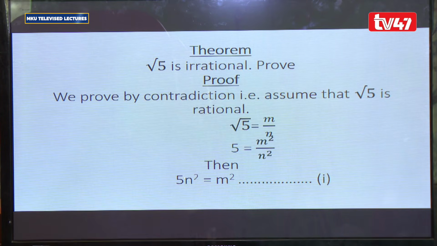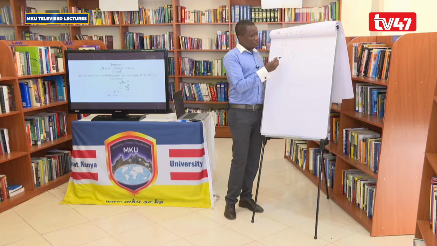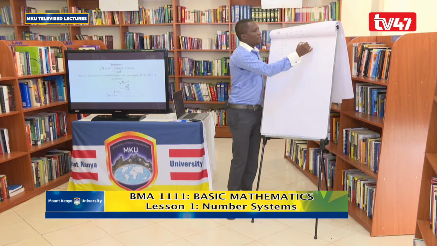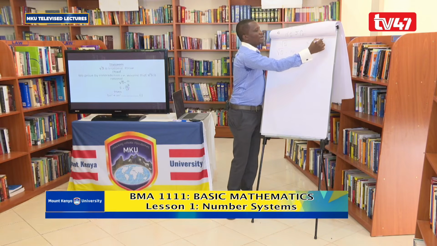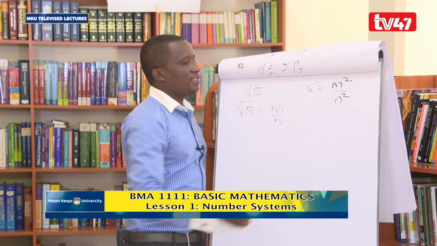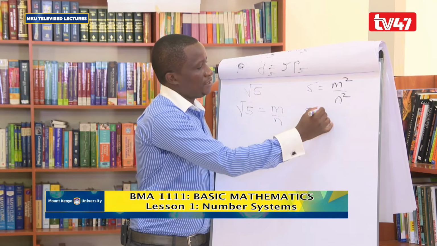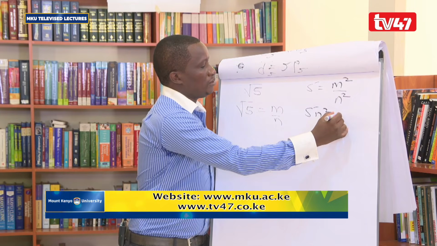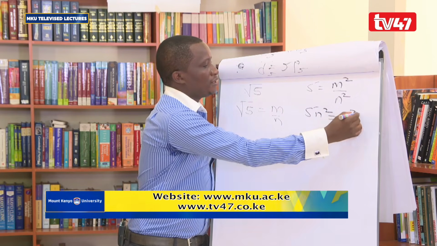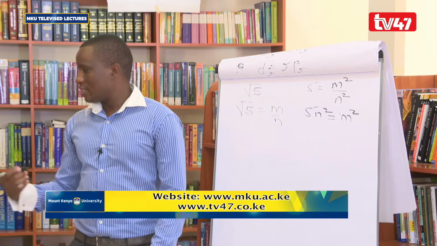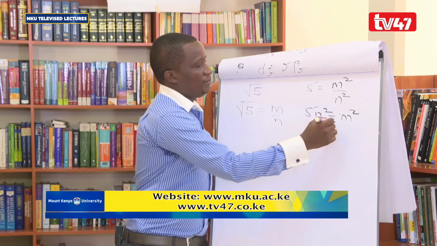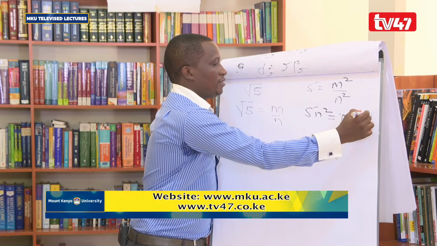Now, if it can be written that way, by squaring both sides, we have 5 is equal to m squared all over n squared. So that we have 5n squared is equal to m squared, just like in the previous case, and we can label this 1.